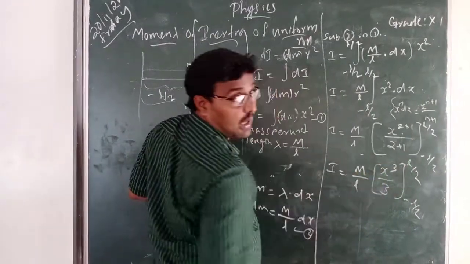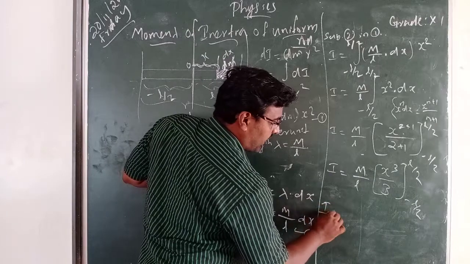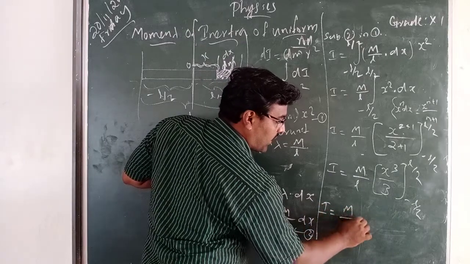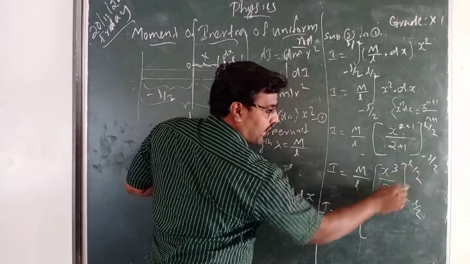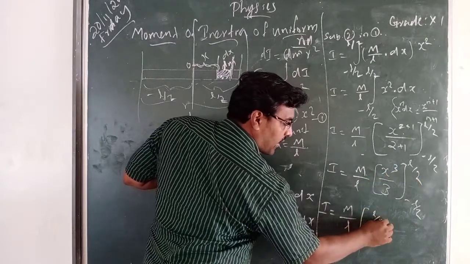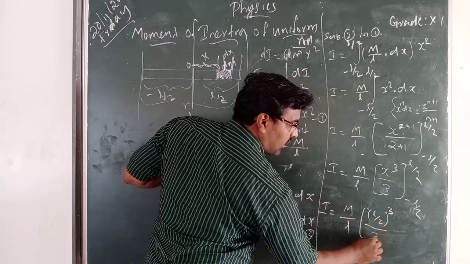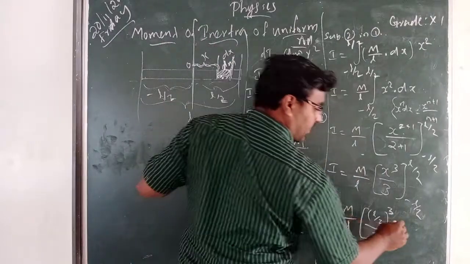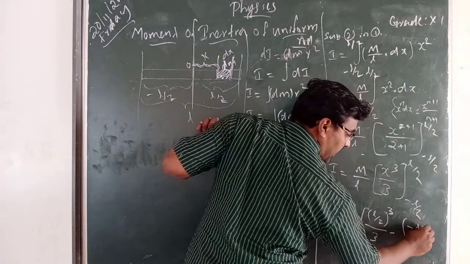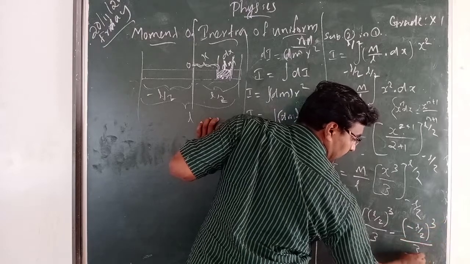Now apply the upper limit and lower limit. So I equals M by L, instead of x put L by 2: L by 2 the whole cube by 3, minus the lower limit, minus L by 2 the whole cube by 3.